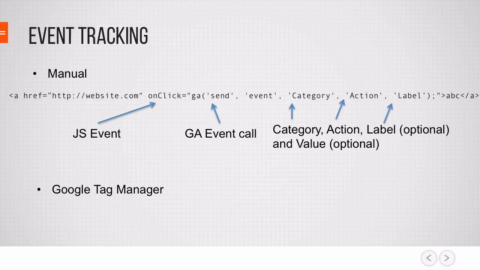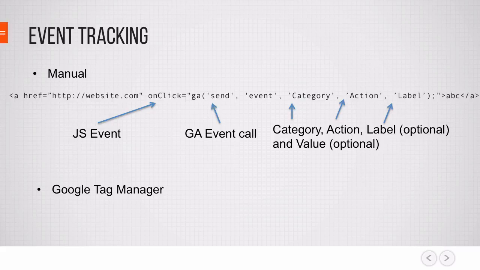And I'll show you in a second how to set that up. But it's safe to say, yes, event tracking is a little bit more work to set up and customize the installation of the Google Analytics account.